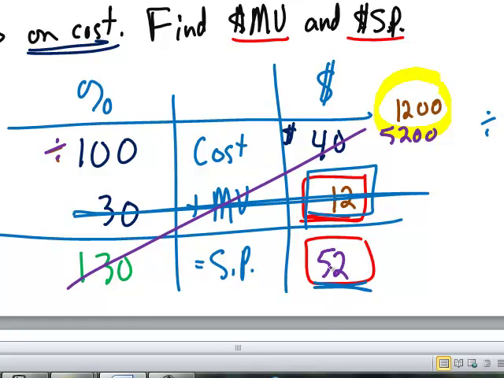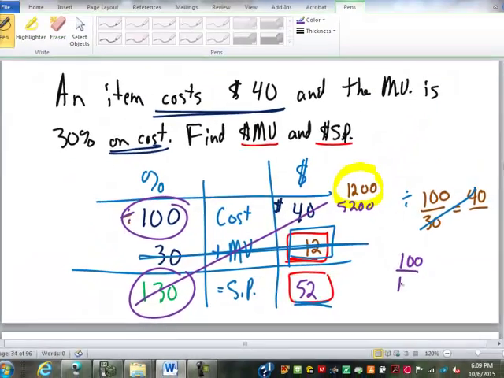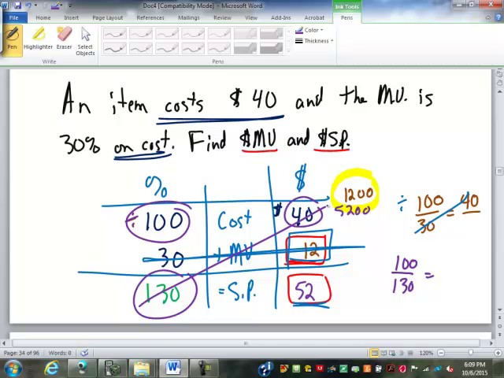Again, that's the same as having 100 over 130 equals 40 over blank. Cross multiply and divide. Or I could have just done 40 plus 12 is 52. I like to cross multiply and divide again, and then I can double check adding up the 40 plus 12 to make sure I get the right total. Either way, what we have found here is the dollar markup is $12 and the selling price is $52.